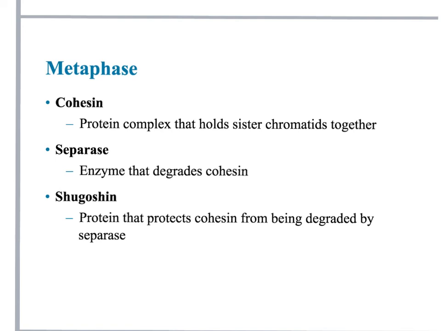But obviously during cell division you don't want it to work, so it turns off. There are regulatory mechanisms that help it turn off, so that the degradation of cohesion occurs, and then you can get the separation or independent assortment of the chromosomes.